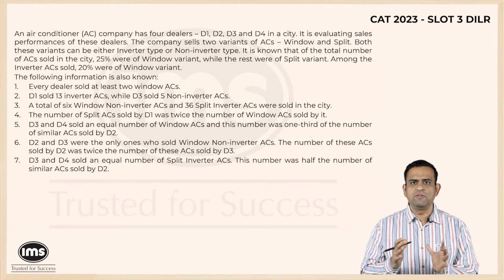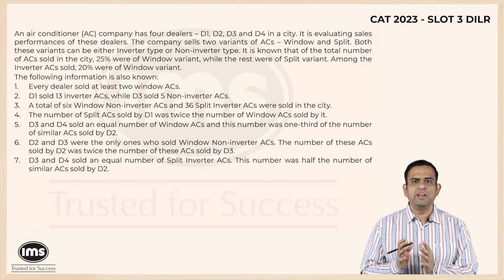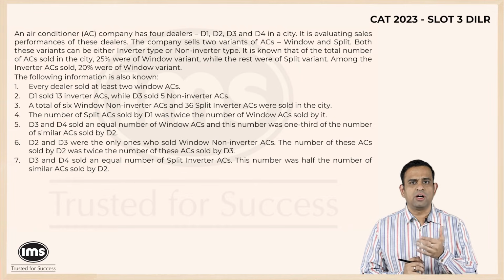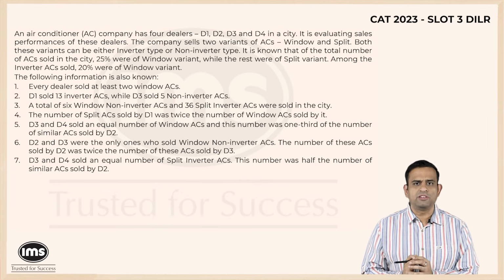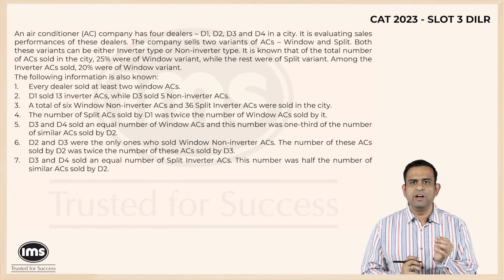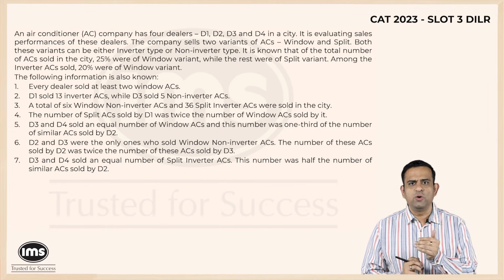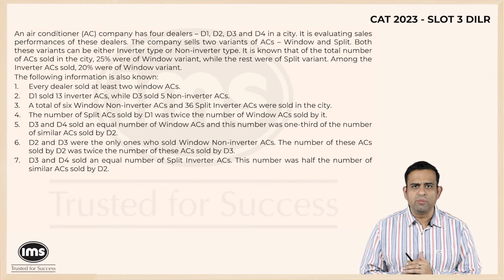So the moment someone reads this particular set, it's a very familiar construct which you must have come across in various SIMCATs, especially SIMCAT 4 and SIMCAT 6. We are going to create a table-like situation over here. Because for every dealer, what can he sell? He can sell basically a window inverter, window non-inverter. Then we can find the total number of window ACs sold by D1.